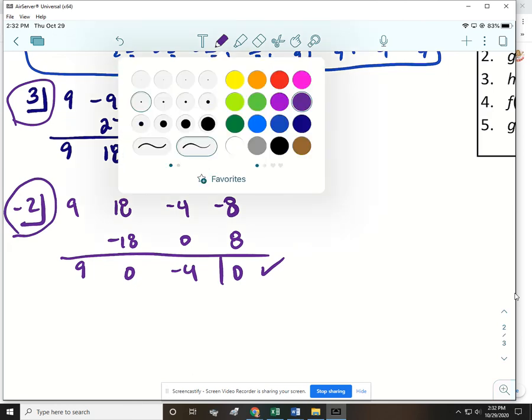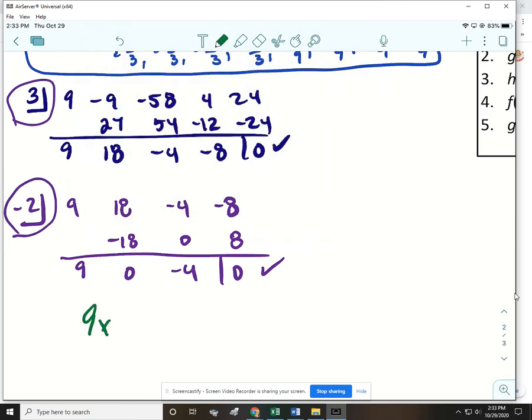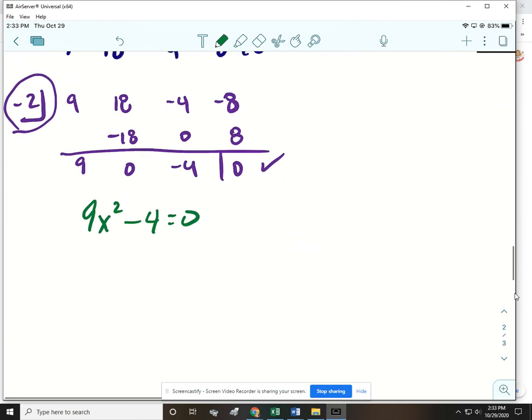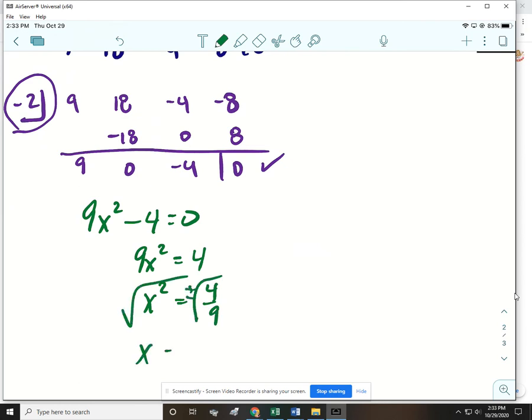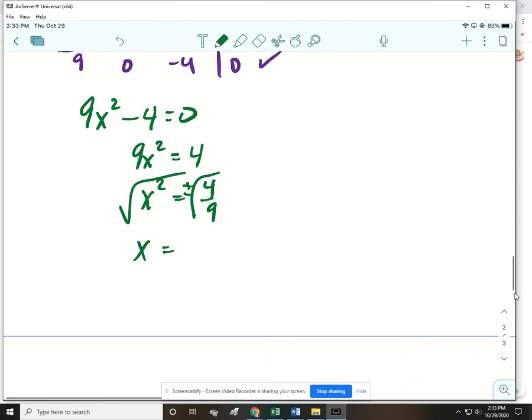Alright, and then that leaves us with 9x squared minus 4 equals 0 that we can solve by adding the 4, dividing by 9, and then taking the square root, positive and negative. Now don't forget, when you take the square root of a fraction, you're just taking the square root of the numerator, and you're taking the square root of the denominator.